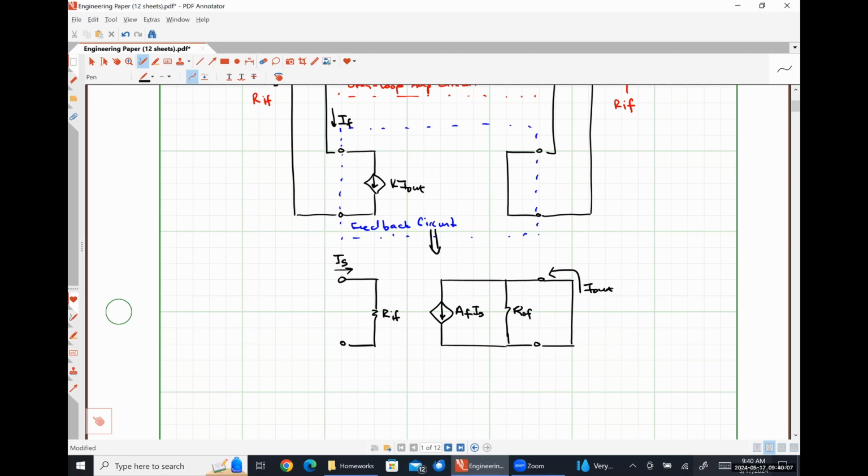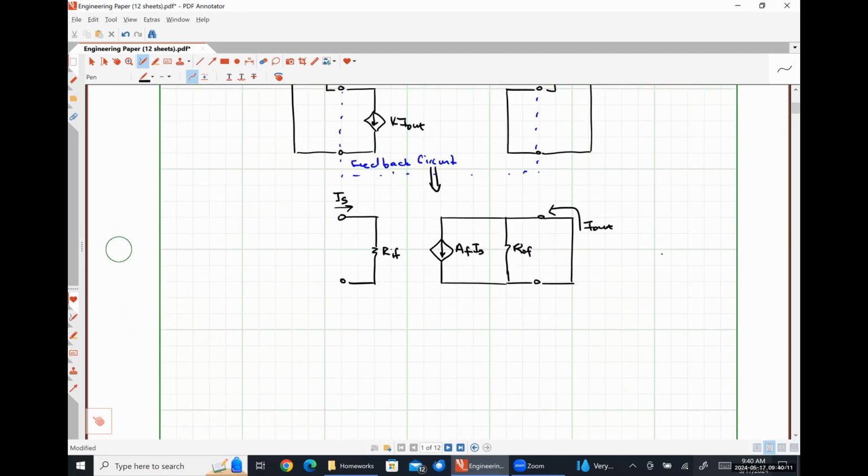Here's our output current, I out. Not deriving anything, our gain with feedback would simply be the ratio of I out to IS, which would be A1 over 1 plus K A1.